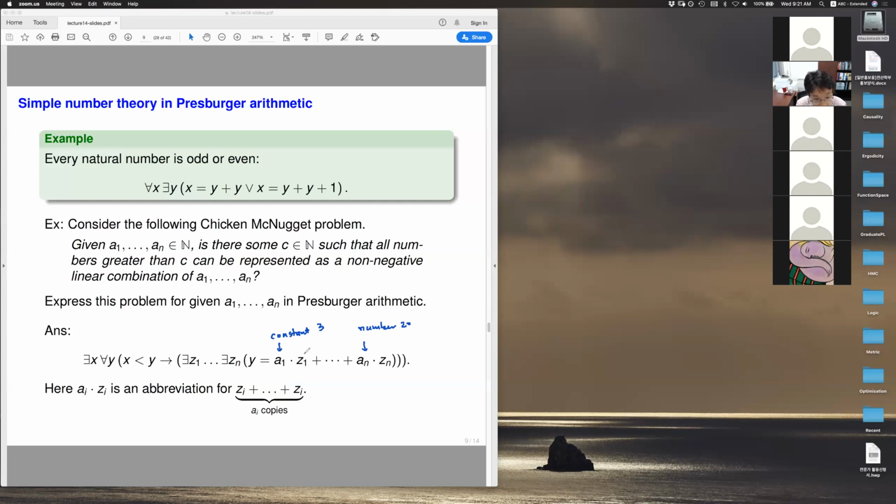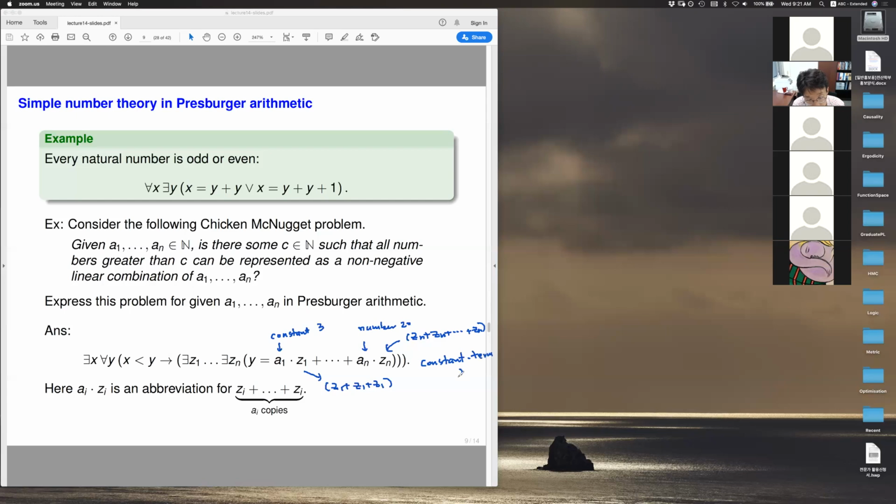If it's a constant 3 times z1, we can write it as z1, z1, and z1. And if it's 20, this is going to be much more clumsy, but we can write it as zn 20 times. In a sense, this will explode the size of the formula, but in terms of expressivity, in Presburger arithmetic we cannot have general multiplication of two terms, but we can have multiplication between constants and a term.